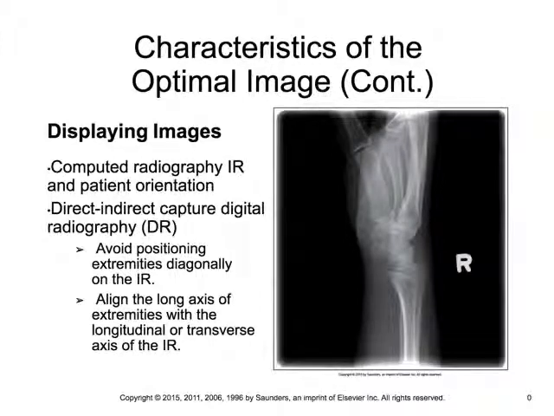So for direct capture, it talks about avoiding positioning extremities diagonally on the IR. Does anyone know why we would avoid that on DR?